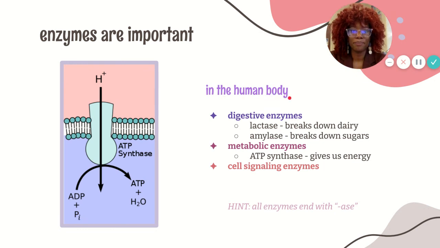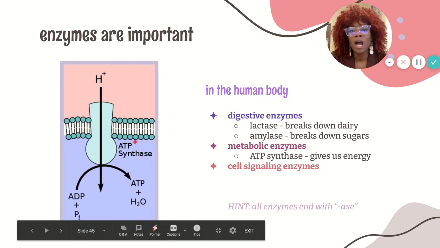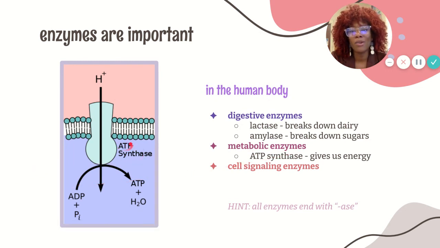In the human body, we have digestive enzymes, such as lactase. That breaks down lactose, which is in dairy products, such as milk or yogurt or ice cream. We have amylase, which breaks down sugars so we can actually use them. We have metabolic enzymes, such as ATP synthase. ATP is the energy source.